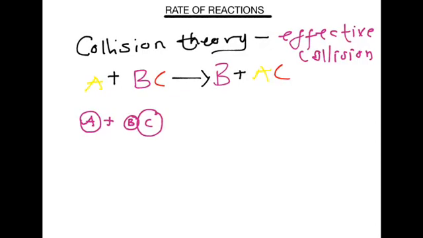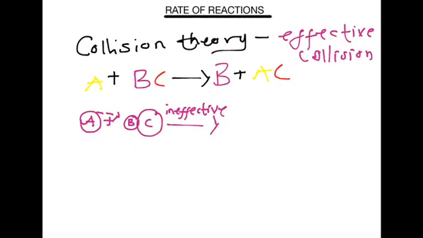When we have the A colliding with this reactant from this direction, it's going to result in an ineffective collision. Therefore, we will not have the desired product. So let's call this ineffective. But then, what if the orientation changes?